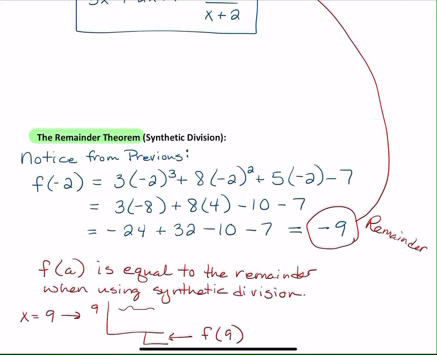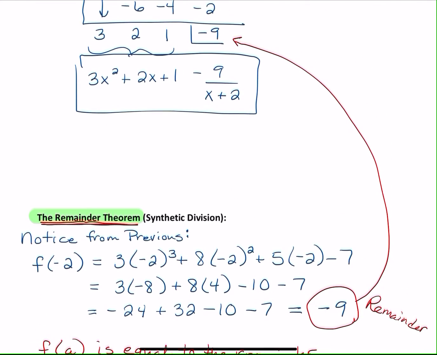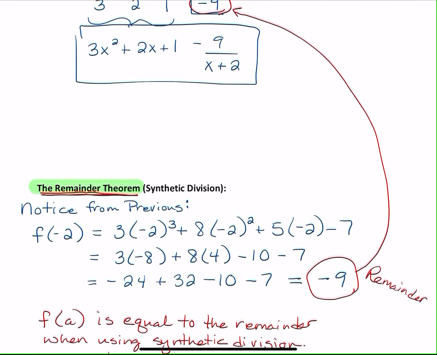So I want you to listen very carefully. If on a homework assignment or a test, it says use the remainder theorem in synthetic division, I want you to use synthetic division to find the remainder. Now, I don't care if you come down at the bottom and check it by plugging it in. But if it says use synthetic division and the remainder theorem, I want to see synthetic division and the remainder.